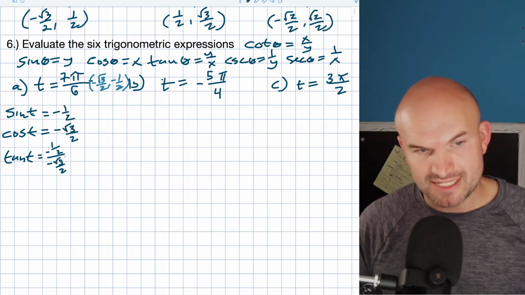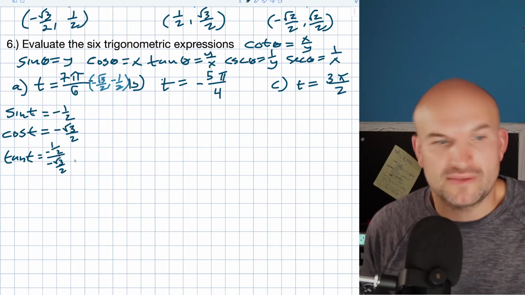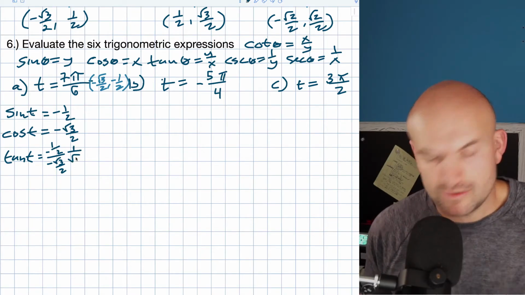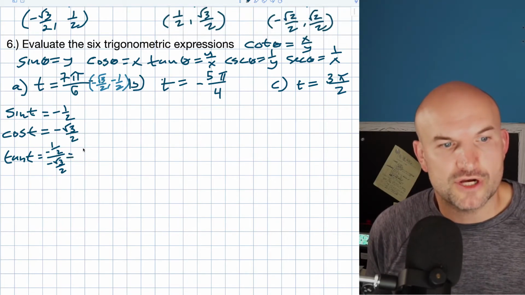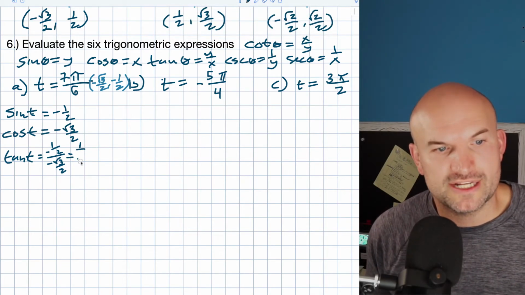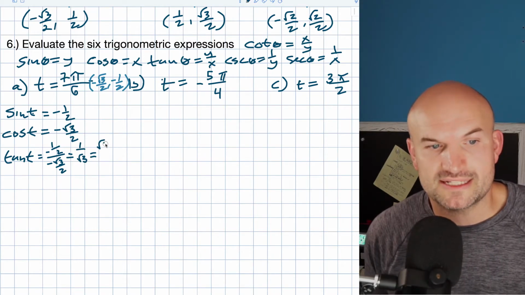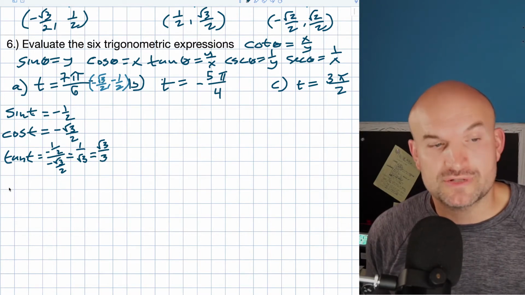The negatives go to positive, and the 2's divide out. So I'm left with 1 over square root of 3, which you can rationalize the denominator by multiplying square root of 3 on the top and bottom. That's going to give you square root of 3 over 3. Again, that's a positive.